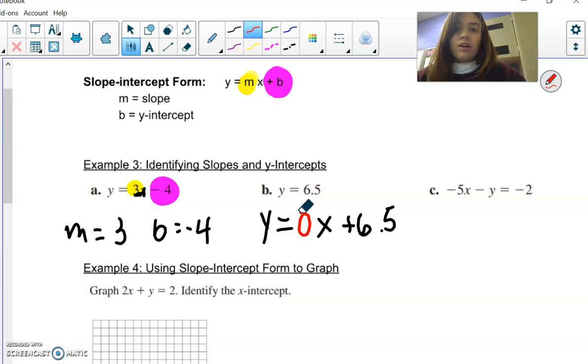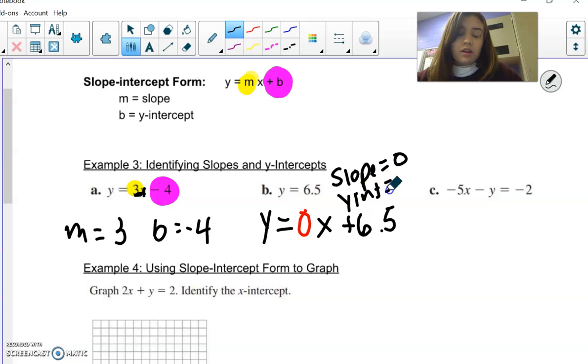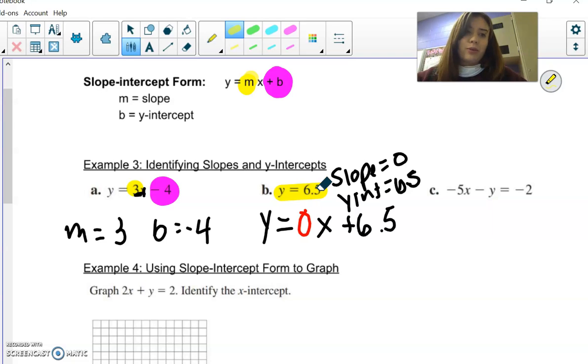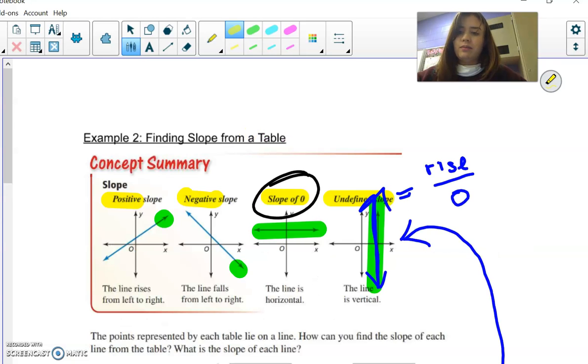Okay, so we know from this that our slope is 0 and our y-intercept, also known as b, is 6.5. And here's another thing to think about. What we learned at the beginning of lesson 4, whenever we have y equals a number, it's a horizontal line. And we know that with a horizontal line, we have a slope of 0.